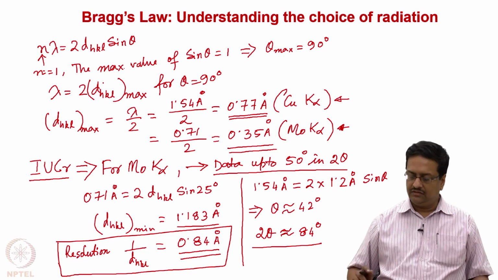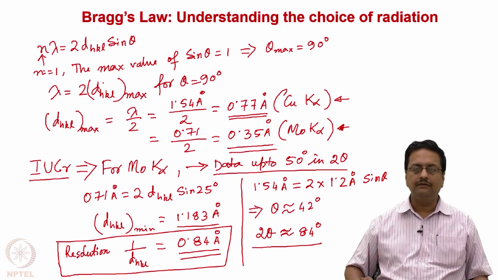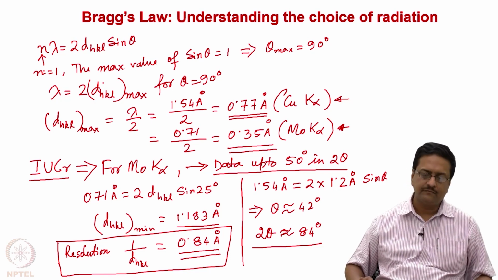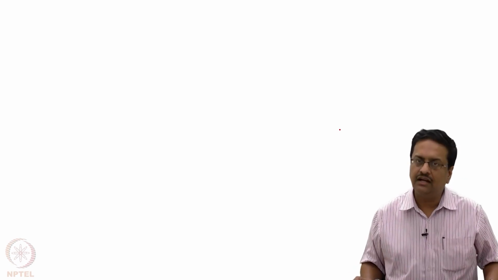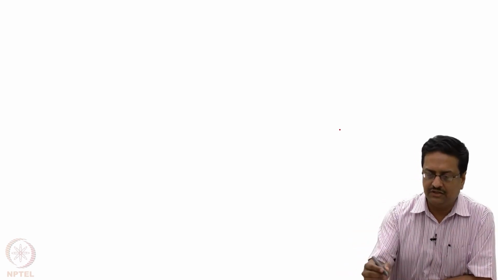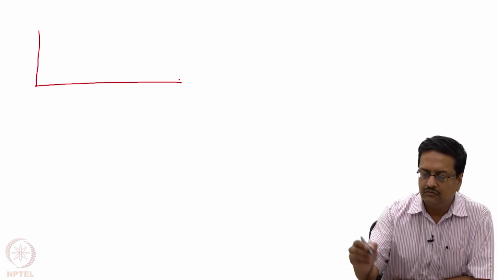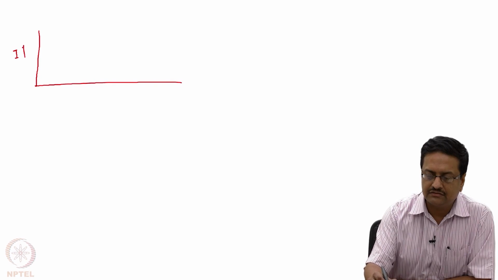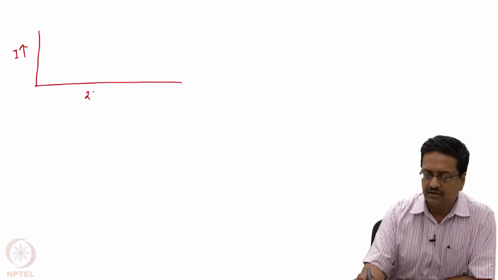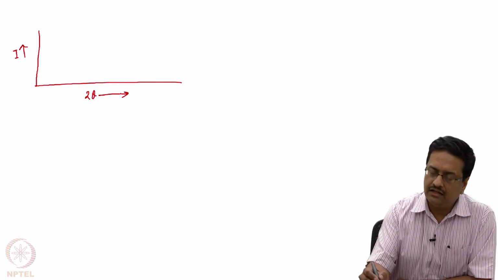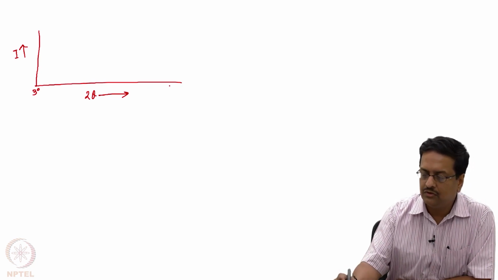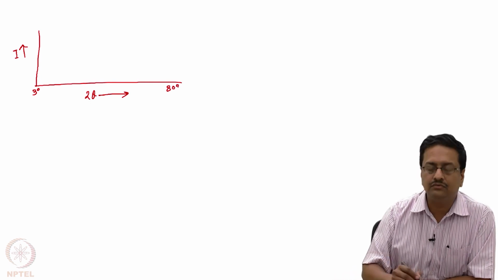So with this, I would like to continue with this lecture and see what happens if we try to use these different radiations for different purposes. Suppose we are trying to do a powdered X-ray diffraction experiment where we record PXRD data, which we generally obtain as an intensity versus 2 theta plot, from something like 3 degree to 80 degree in 2 theta.